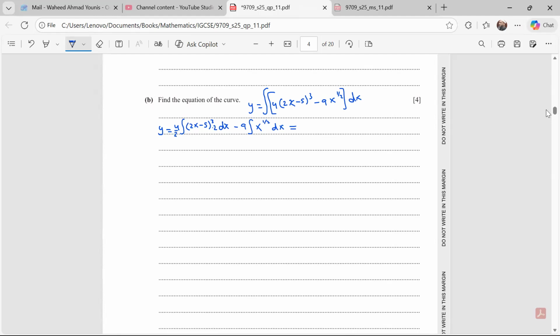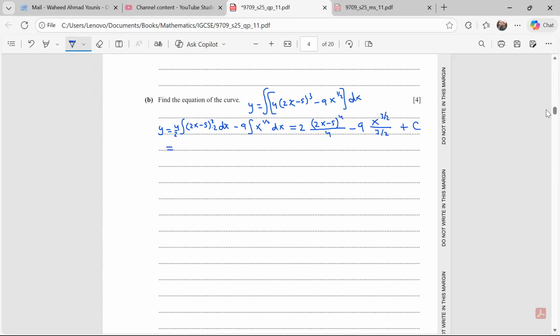So you can see that this 4 over 2 will become 2, and this will become (2x minus 5) power 4 over 4. So I have some function power n, its derivative, the power plus 1. Minus 9, and here I will have x power 3 by 2 divided by 3 by 2. And then I have a constant of integration c.